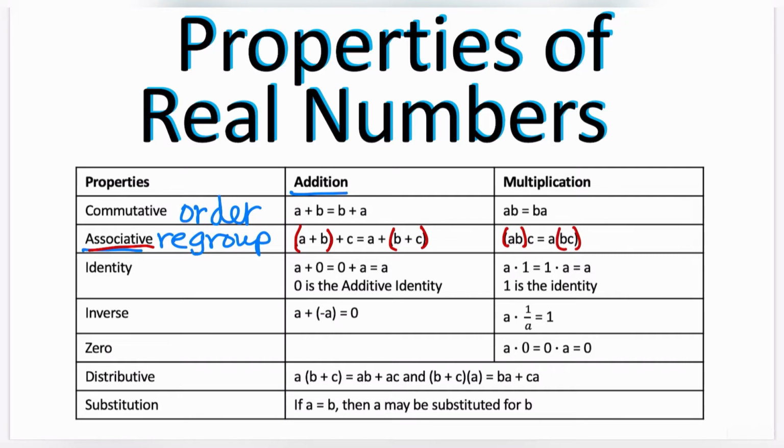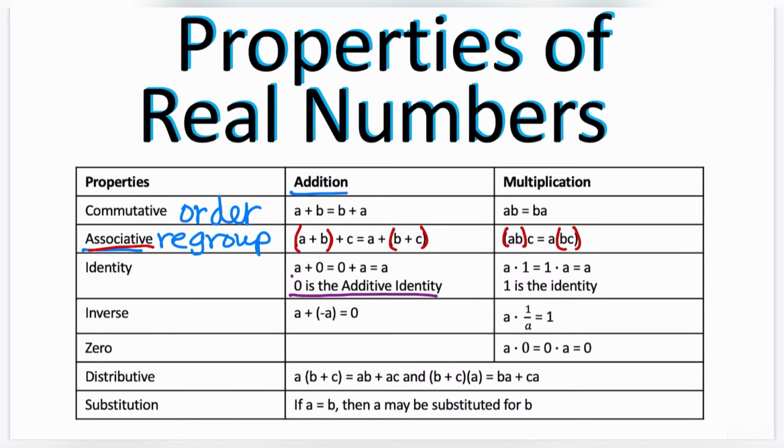The identity property. The identity property is basically asking you what number can you add to get back the same number. And you all know that if you add 0 to any number, you get back the same number. So 0 is what we call the additive identity.